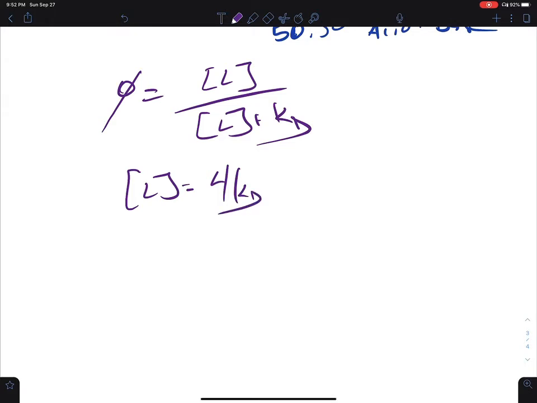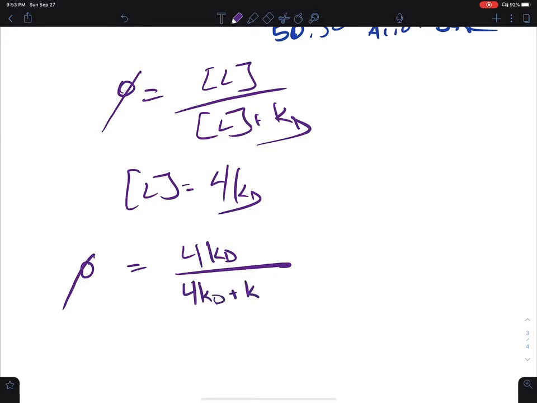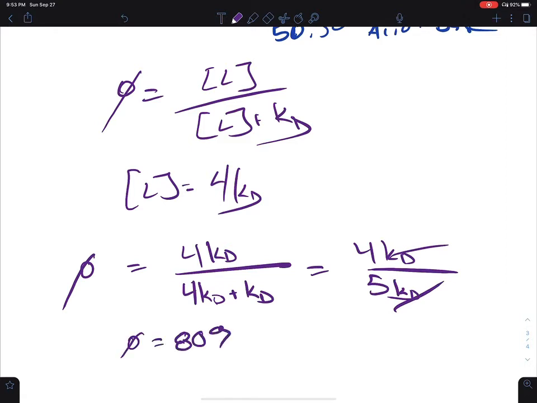So the ligand concentration is equal to 4 times the Kd. When you do that, theta is 4 Kd over 4 Kd plus a Kd, which would be equal to 4 Kd over 5 Kd, right? So the Kd's cancel, and so theta at this point is equal to 80%, right?